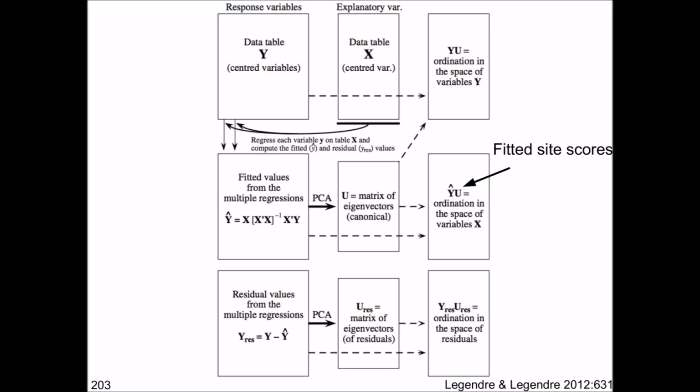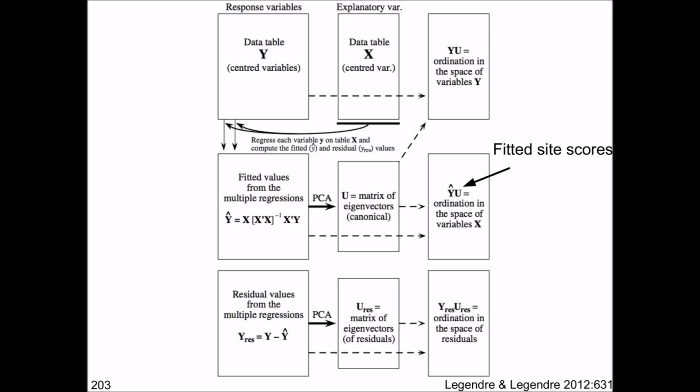And beside that we have the explanatory variables X, centered as well. What we do first is regress each variable Y on the table X and compute the fitted values and residuals. So that is basically what we have already mentioned a couple of times. That's our multivariate multiple regression analysis.